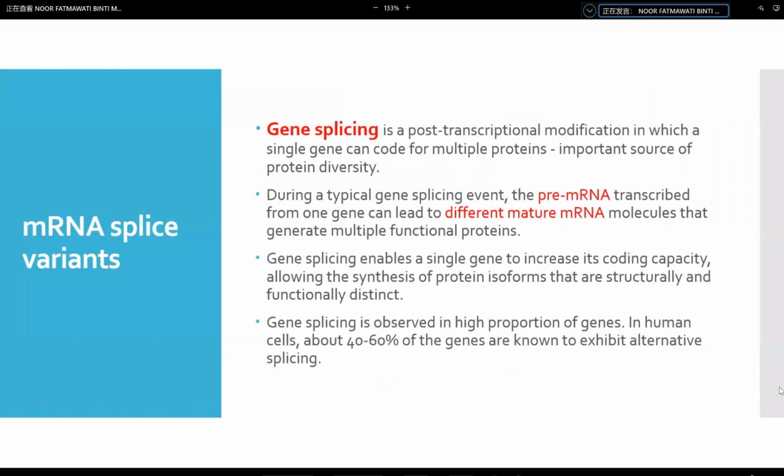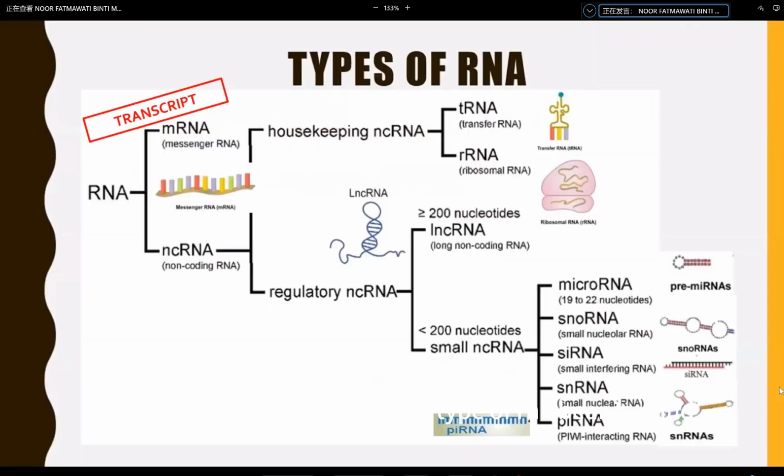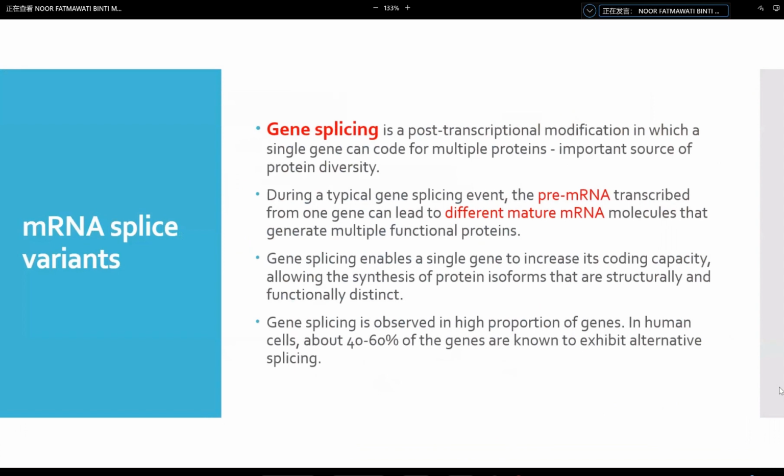Next, even though we have this many types of RNA, bear in mind that mRNA can also undergo a special process called gene splicing. If you remember, after the transcription process, RNA will undergo maturation.